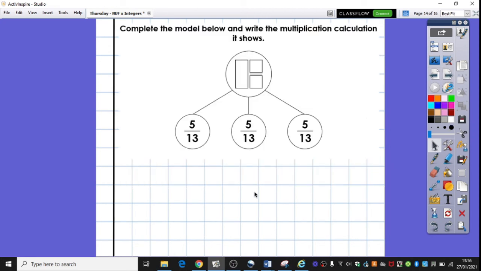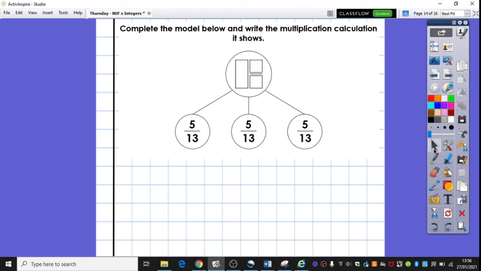So you're going to work through some challenges similar to the ones previously, and then you might be asked some other questions which are in a slightly different context if you get that far today. So I wanted us to just have a look at this example. So we've got here 5/13, 5/13 and 5/13.